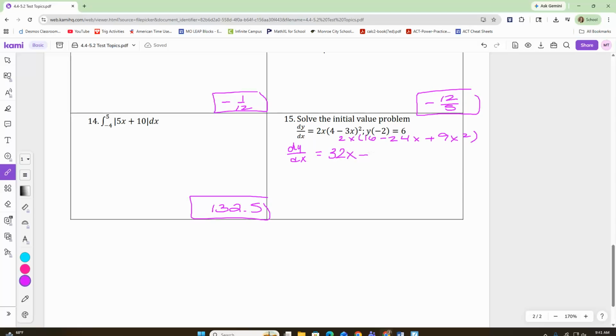32x minus 48x squared plus 18x cubed. So the antiderivative of 32x is 16x squared, minus the antiderivative of 48x squared, 16x cubed, plus 18x cubed, so if I add one that's x to the fourth, so times 1/4 would be 9/2, plus c. But I told you if you put in a -2, it equals 6.